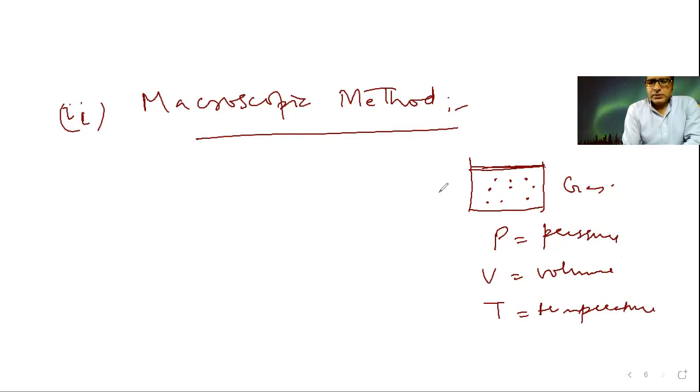To deal with few number of variables, namely pressure, volume, temperature, it is very easy. This macroscopic method is the characteristic of thermodynamics.